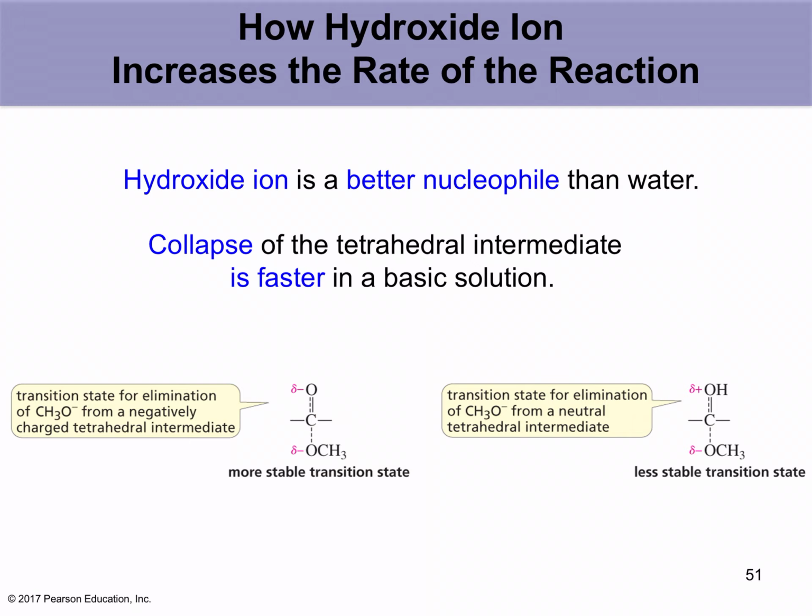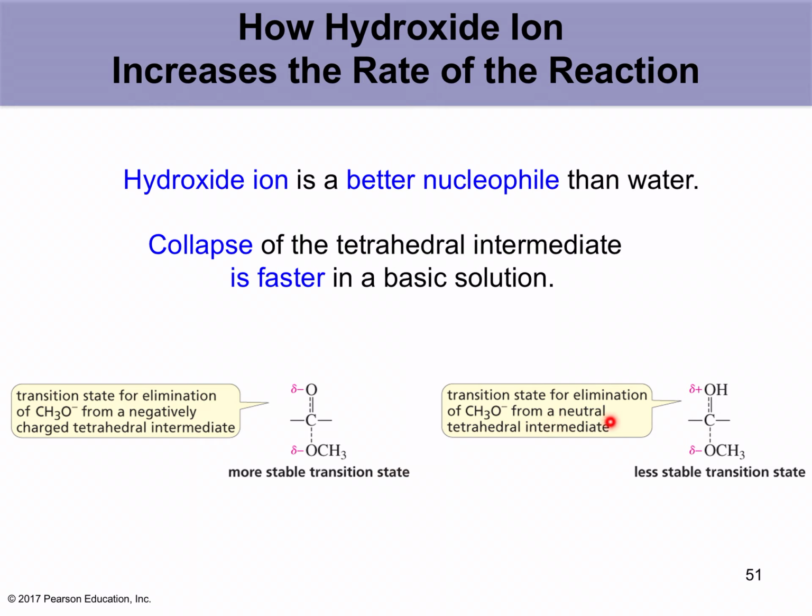How does hydroxide ion increase the rate of the reaction? Hydroxide ion is a better nucleophile than water in ester hydrolysis. Collapse of the tetrahedral intermediate is faster in a basic solution. You can see the transition state for elimination of methoxide from a negatively charged tetrahedral intermediate. The negatively charged O minus forms the carbonyl bond and then methoxide leaves, a more stable transition state.